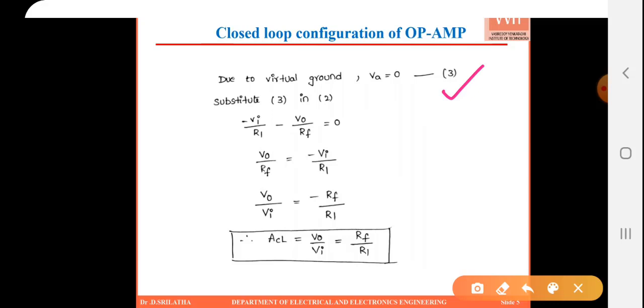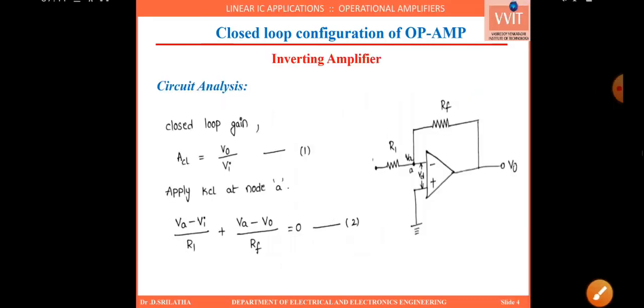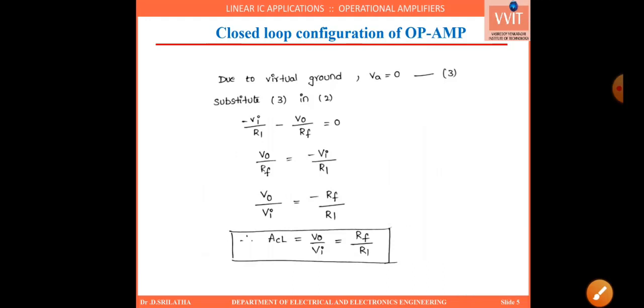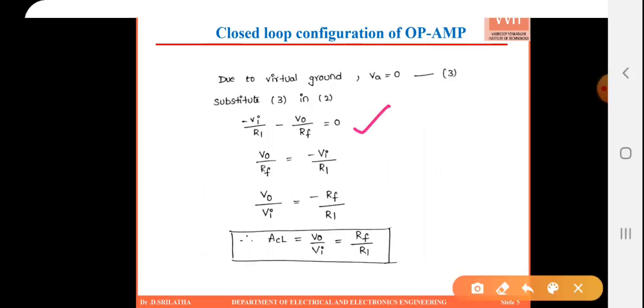Then I am going to substitute this VA in the previous expression. If you put VA equal to 0 in both, we have minus Vi by R1 minus V naught by RF. Then V naught by RF is equal to Vi by R1.